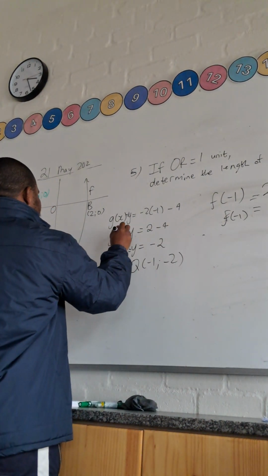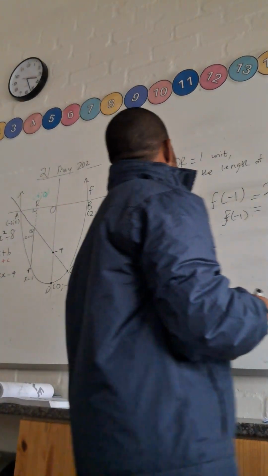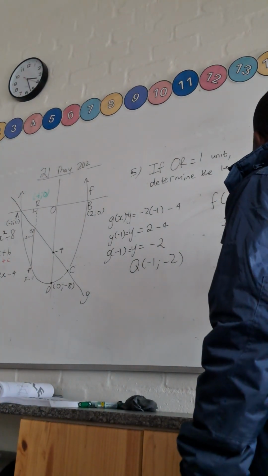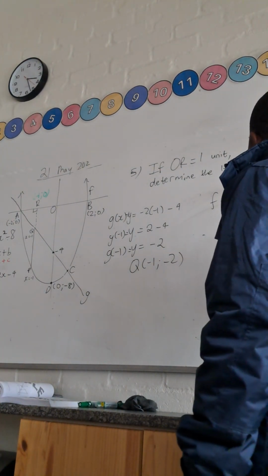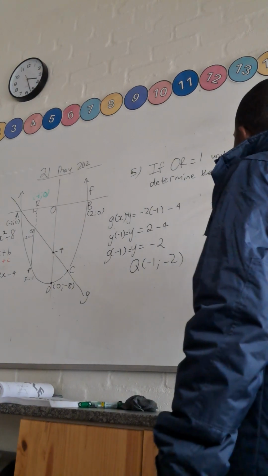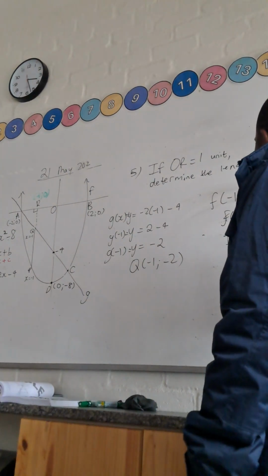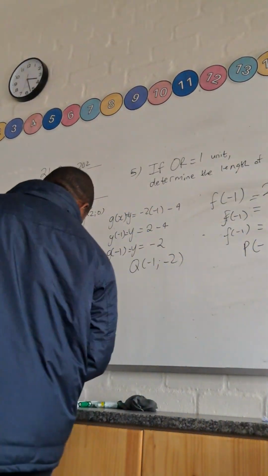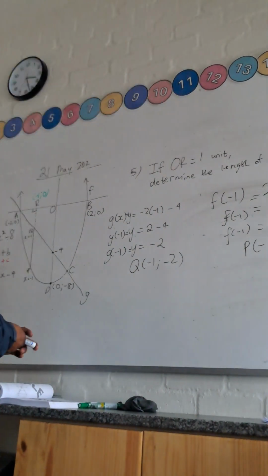Okay, that's what it really should have been. So that equals 2 minus 8, which is -6. So P is (-1, -6).